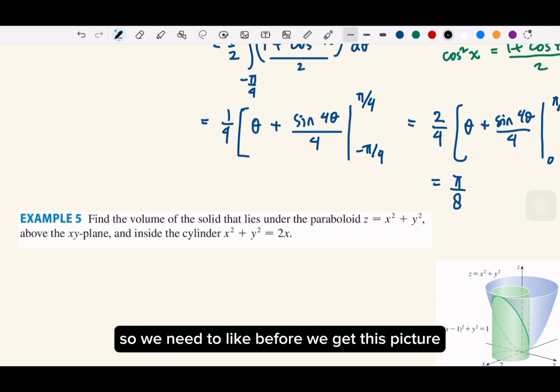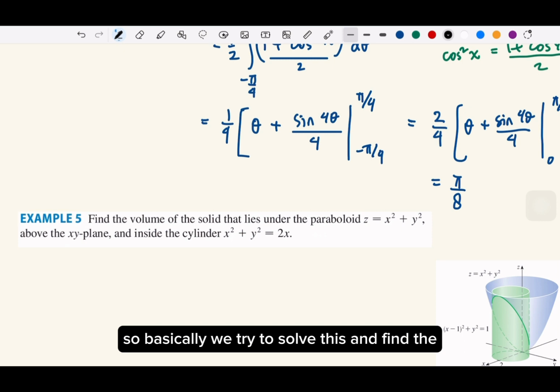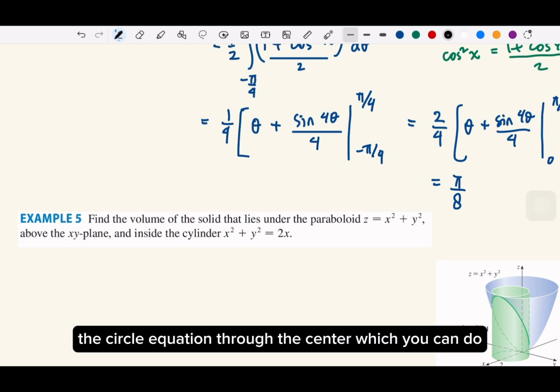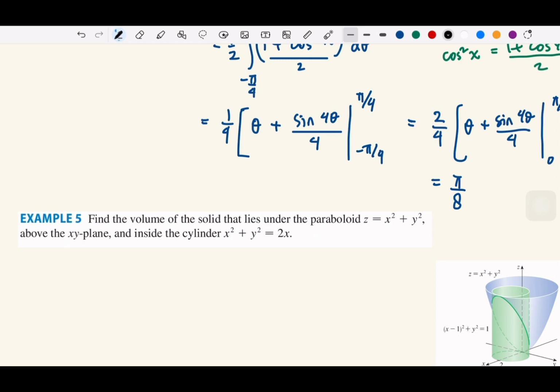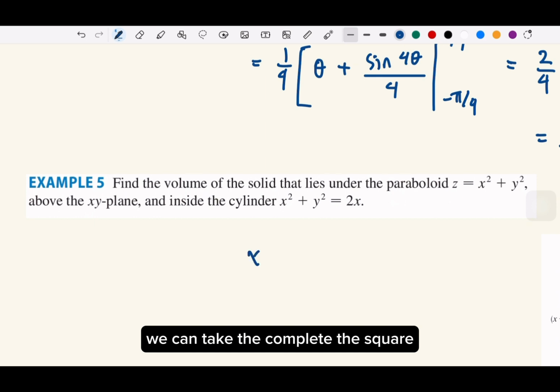So before we get this picture, we need to know what this cylinder is and how we can get the curve. Basically, if we try to find the circle equation from the cylinder, we can do it by completing the square.